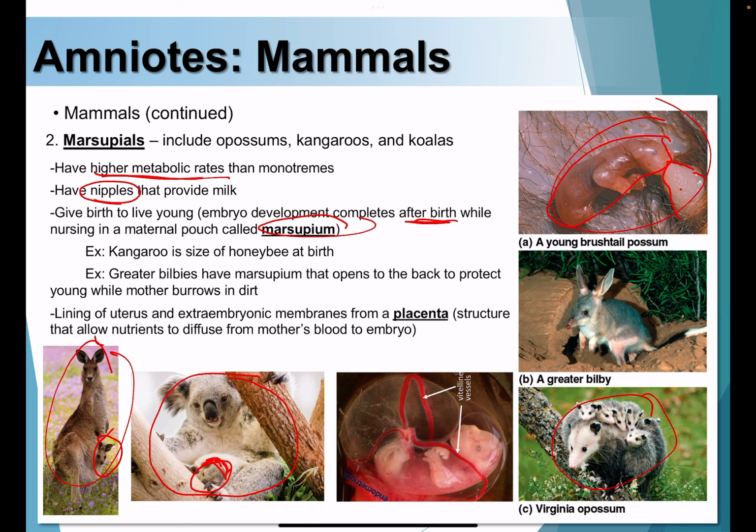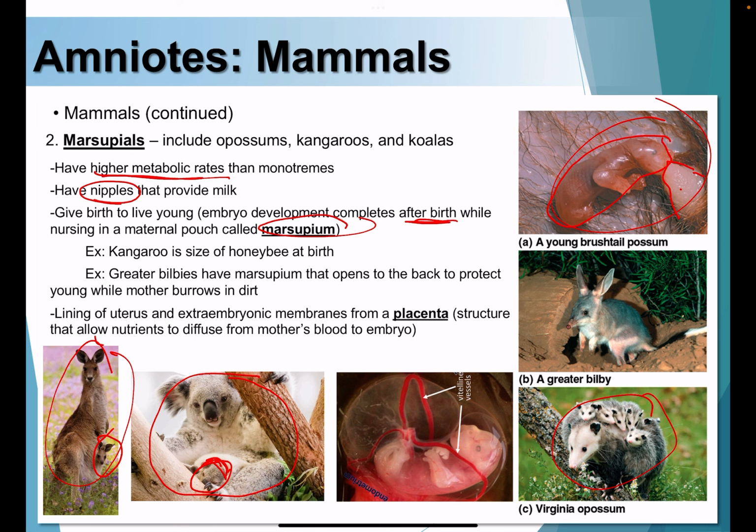They need the marsupium because their babies are born very, very vulnerable, and it's hard for them to survive if they're just laying out with fleshy skin like that. They need fur and thicker skin in order to survive, or else they will freeze to death out in the environment.